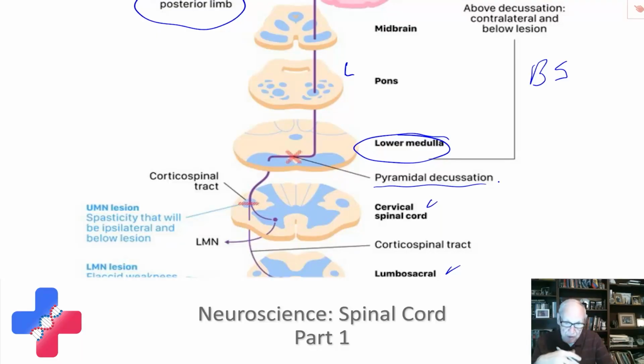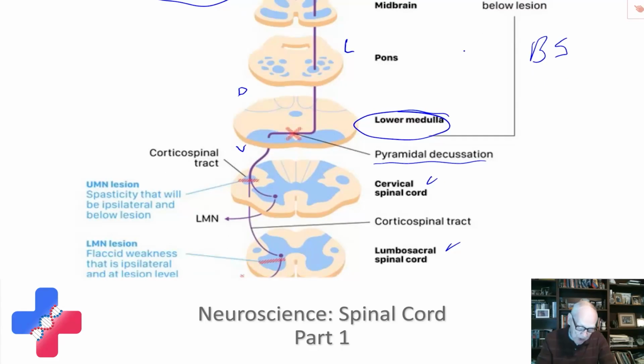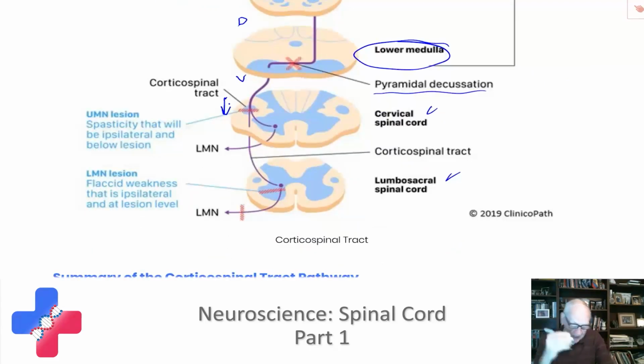Notice it's on the ventral side. So keep in mind, this is dorsal, this is ventral side of the brainstem. So this crossover of the motor system is on the ventral side of that lower medulla, making this massive pyramidal decussation. And then after crossing, notice now we're descending on the opposite side of the nervous system.